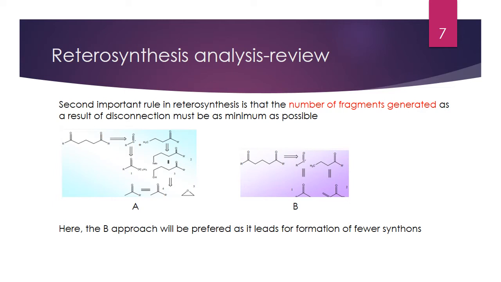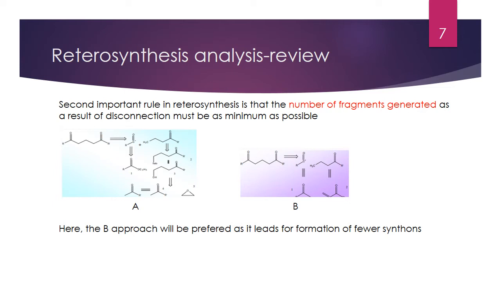And this ester can be converted from, suppose, a ketone itself. So suppose this is our disconnection for the A approach.